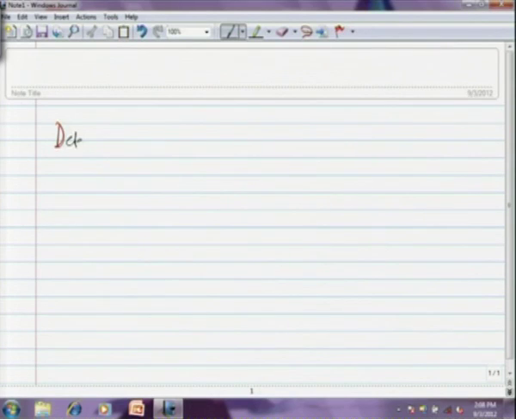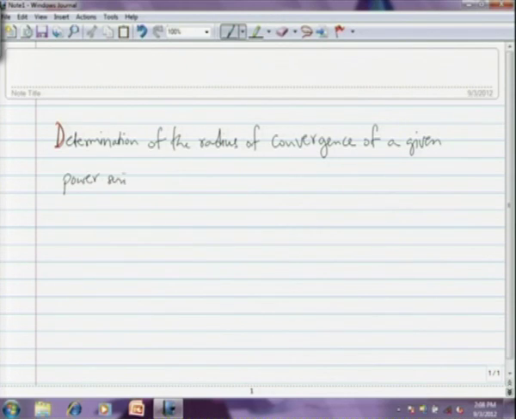The determination of the radius of convergence of a given power series can be done using the ratio or the root test.